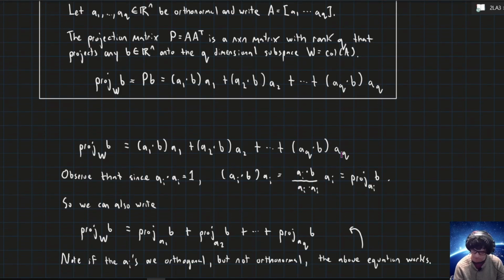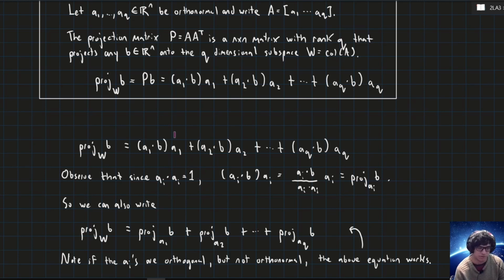So let's make a few observations here. Let's look at the formula we got. Since our A's are orthonormal, Ai dot Ai is equal to 1.